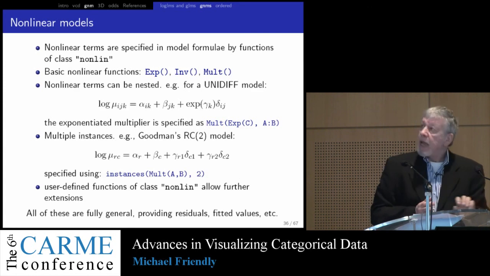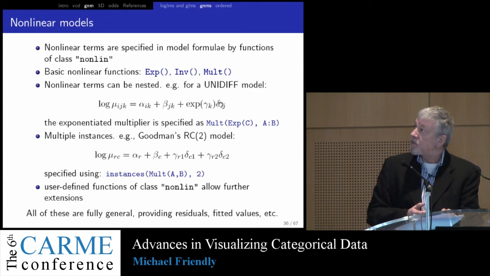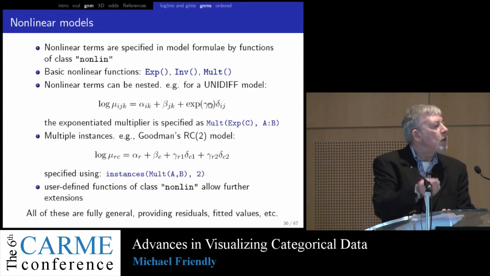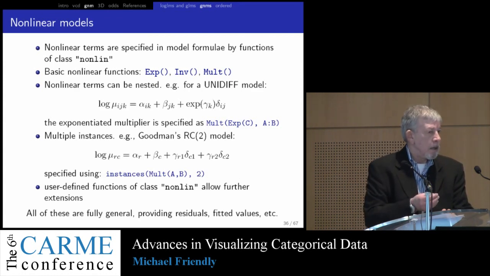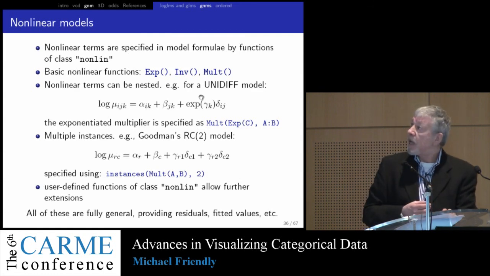So for example, a model for a three-way table that says essentially that there is a common pattern of association between, let's say, the rows and columns of the table, and that association is moderated just by multiplying by a single parameter for each layer in the table, is specified as multiplicative of exp of c and a comma b.